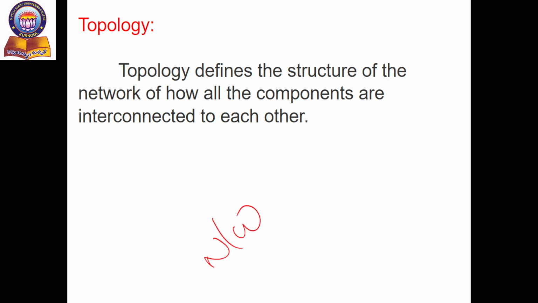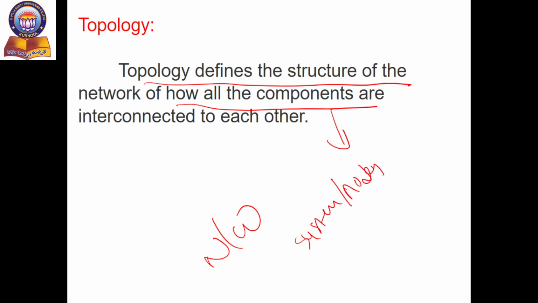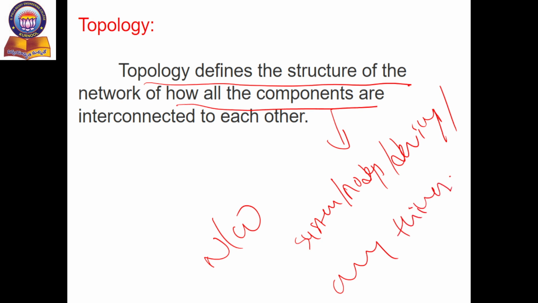Topology defines the structure of the network, how all the components, that is systems, nodes, devices, or anything which is inside the network, are interconnected with each other. Interconnected means how the components are connecting with each other.